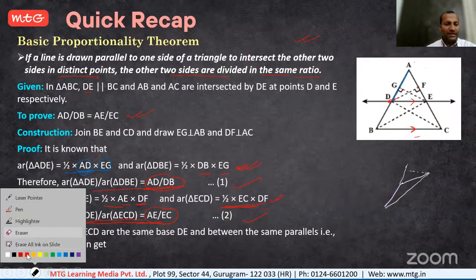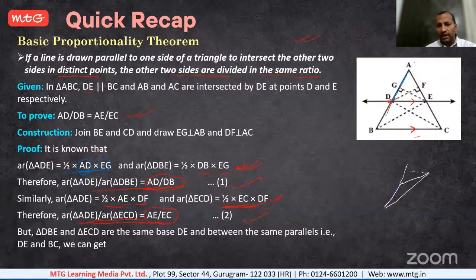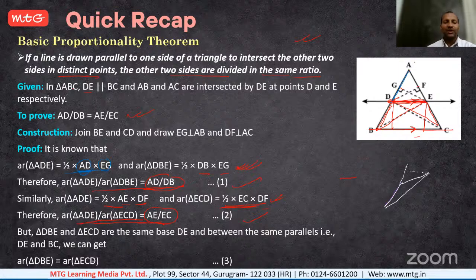So if you see, these two triangles, your DBE and DEC, have the same base DE. This is the base for both triangles. And they are between two parallel lines. Two parallel lines means their height will be the same. So when two triangles' bases are equal and heights are equal, their areas will be equal. So that's why these two triangles' areas are equal.